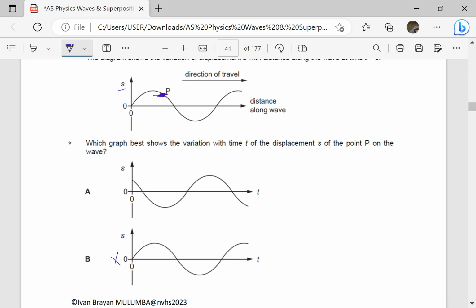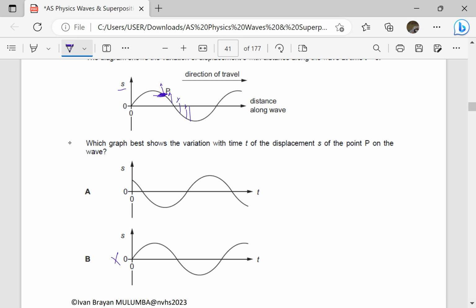But here the particle is vibrating, it is actually moving downwards, so it will not have changed direction. Here the particle is vibrating upwards, so it must not have changed direction at this point.